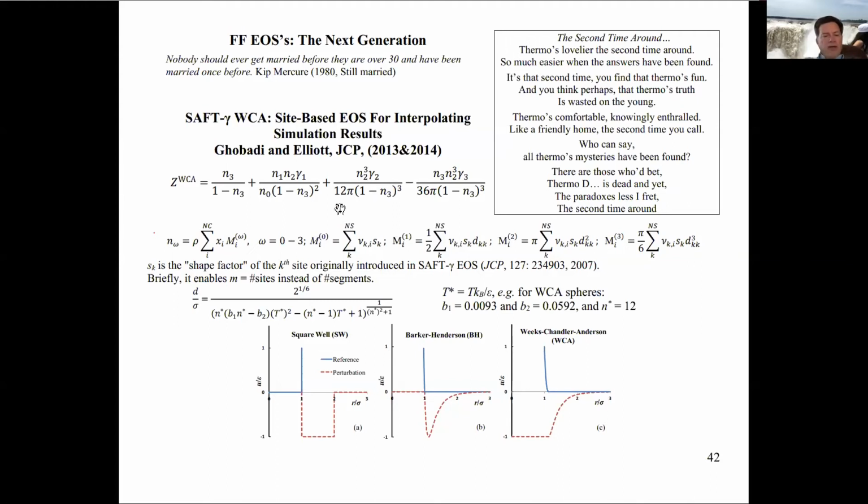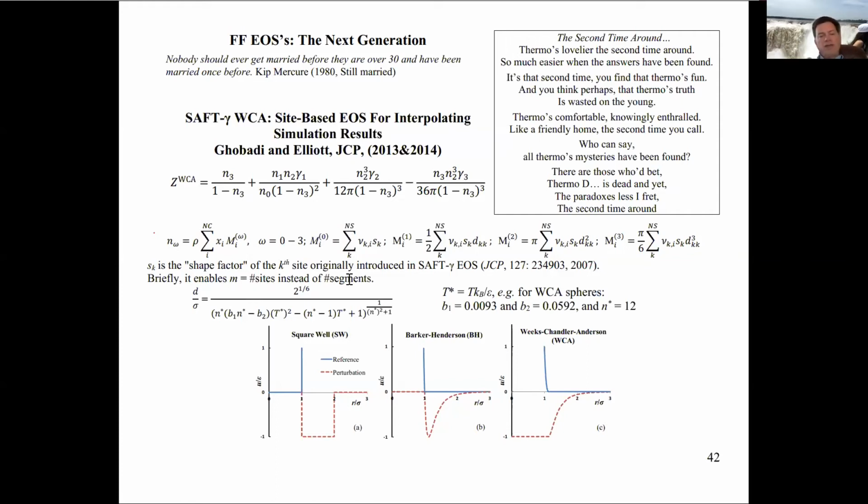An element of this fundamental measure theory in the context of SAFT-gamma, which Jackson and co-workers developed, is this shape factor. By introducing this shape factor, which is going to be an adjustable parameter, and we'll talk about how in a minute, M becomes the number of sites instead of the number of segments.